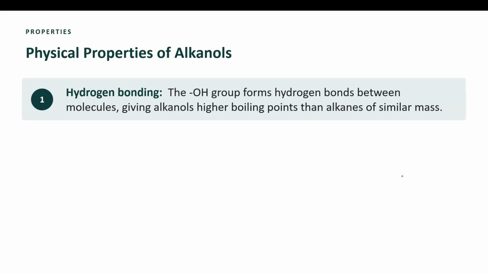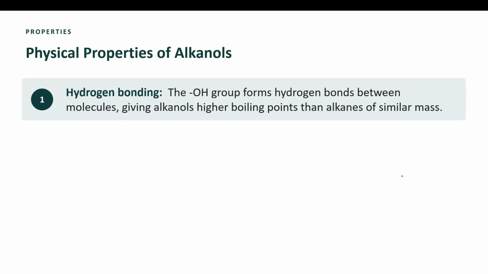Hydrogen bonding. The OH group forms hydrogen bonds between molecules, giving alkanols higher boiling point than alkanes of similar mass. Good. It means that alkanols have a far higher boiling point as compared to the corresponding alkanes.